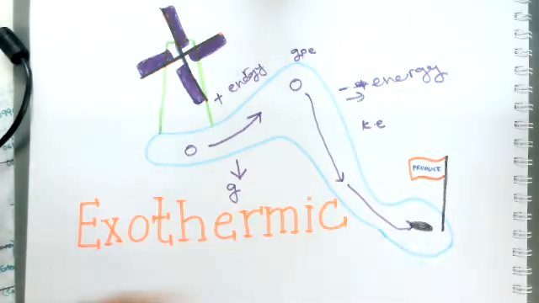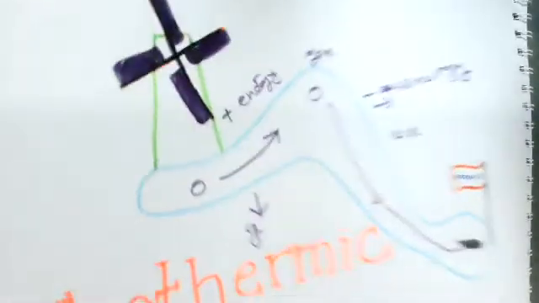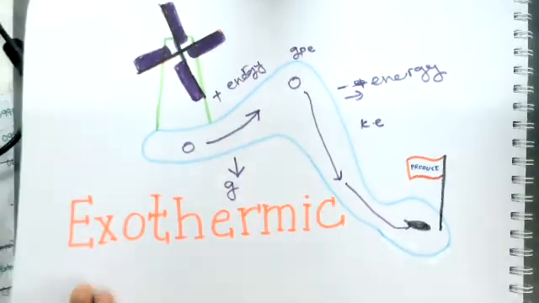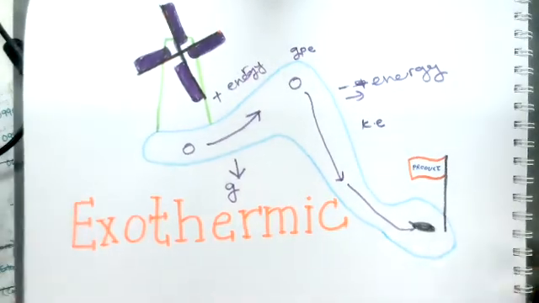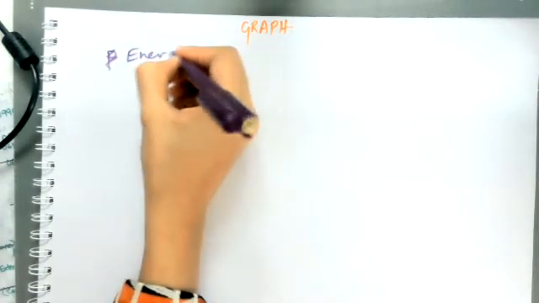Okay, so now that I've given you a visual example, sort of, let's graph what we just learned. Okay, so I'm gonna draw an energy profile or an energy diagram.